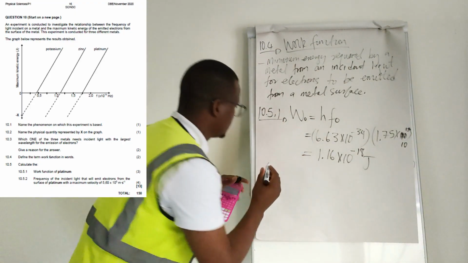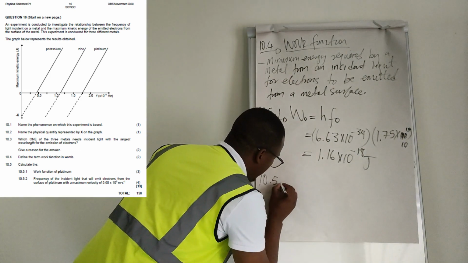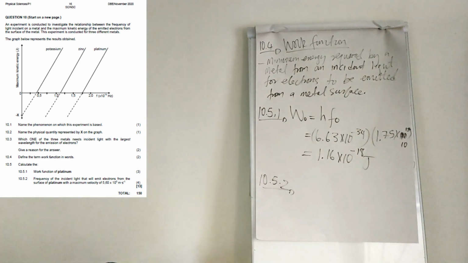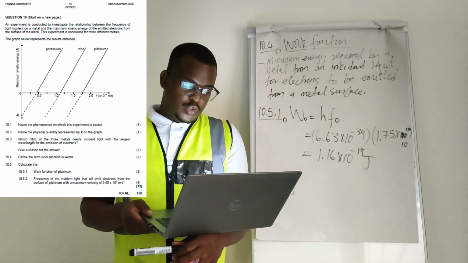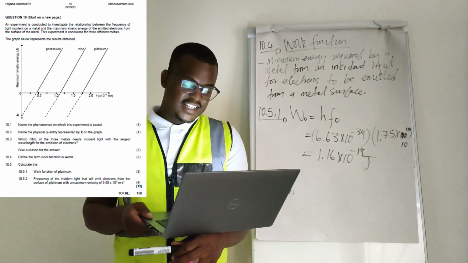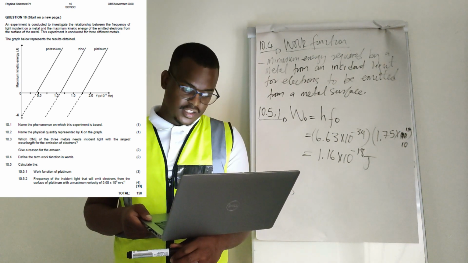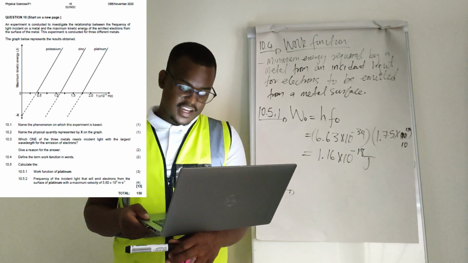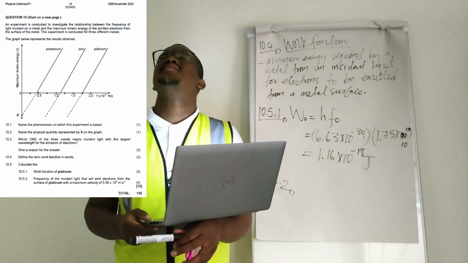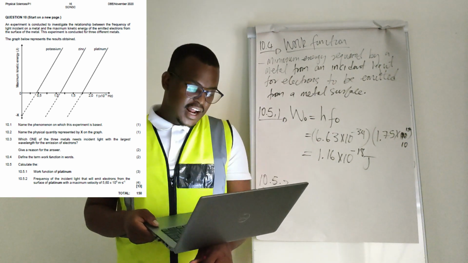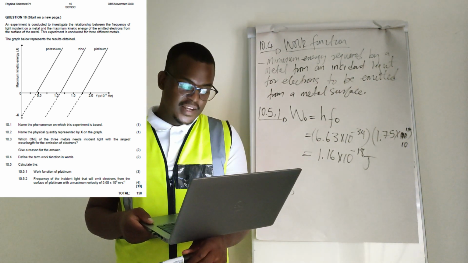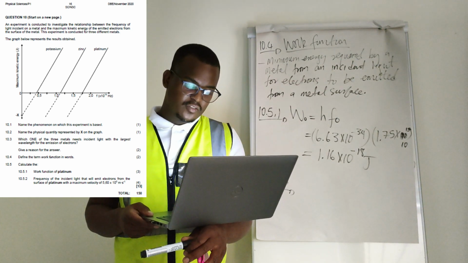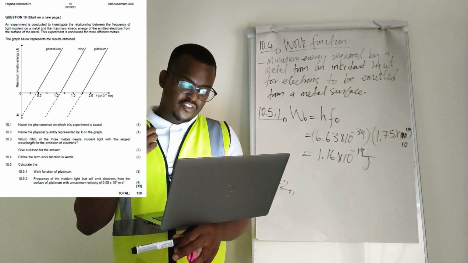Done this, 10.5.2. What does it say? 10.5.2: Calculate the frequency of the incident light that will emit electrons from the surface of platinum with a maximum velocity of 5.6 times 10 to the 5 meters per second.